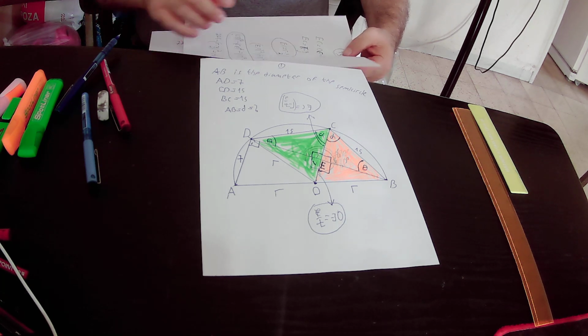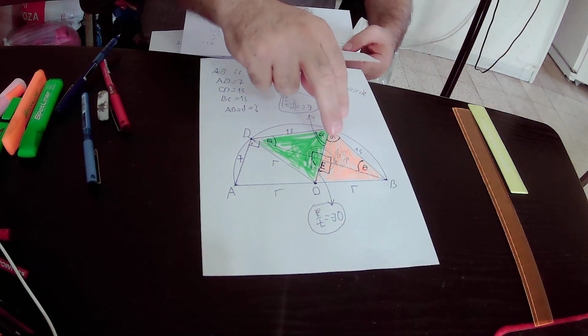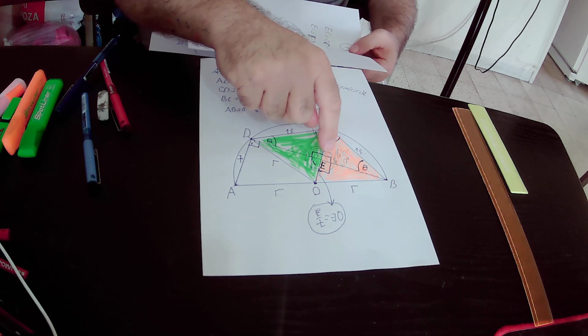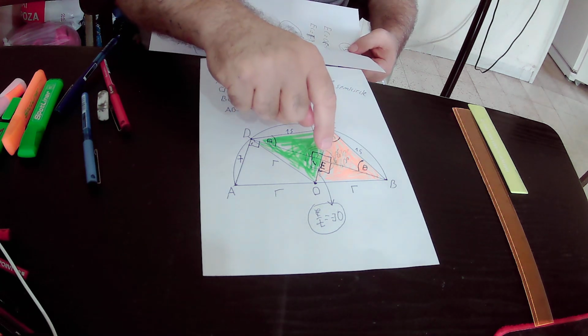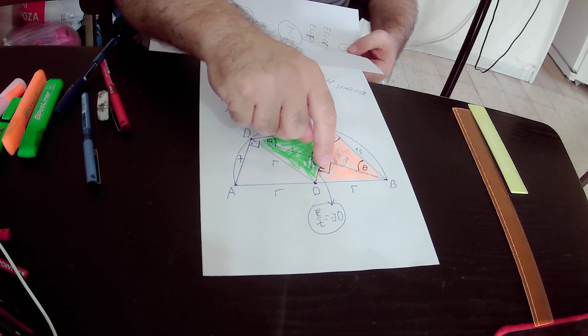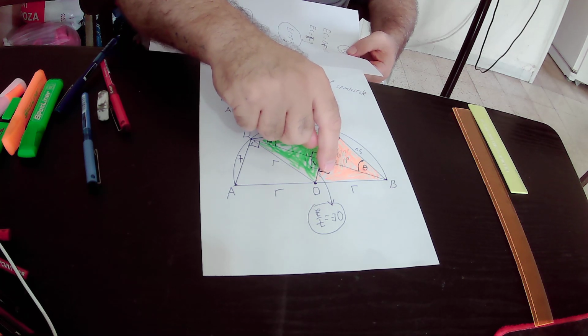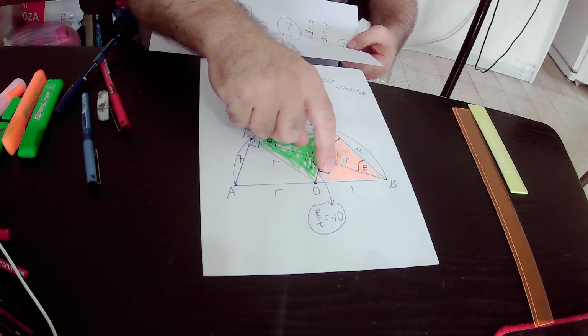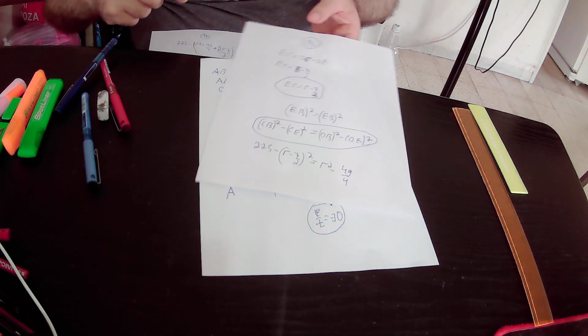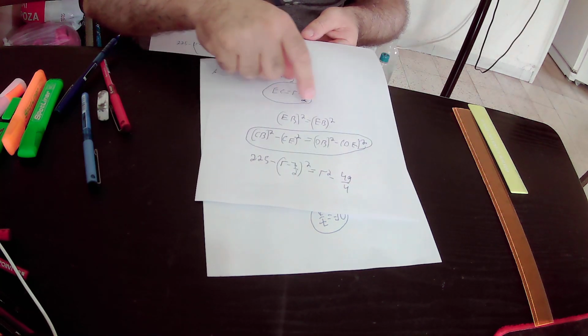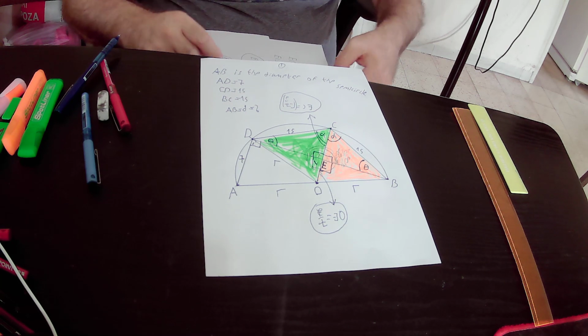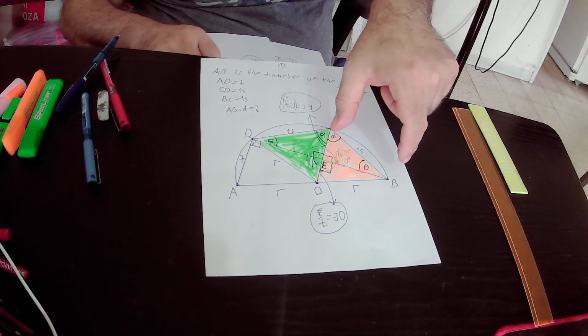Then we have here two right triangles. Triangle ECB is a right triangle because this angle is a right angle, and triangle OEB is also a right triangle because this angle is a right angle. We should remember that EB is a common side.